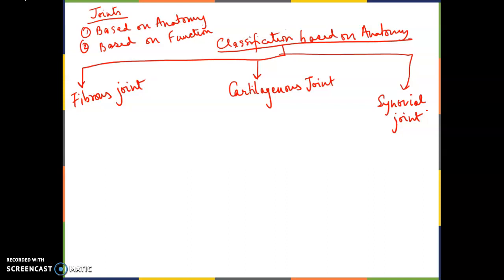Okay, so let's take one at a time. A fibrous joint is a joint where the cementing material is dense regular connective tissue. If you look at a cartilaginous joint, the cementing material is a piece of cartilage.